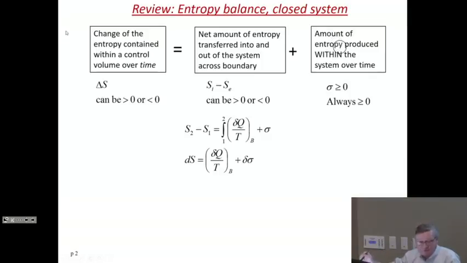Now, if this were a reversible process, that would be zero. And then, of course, the change in entropy would be just the change in the entropy values at each of the states. But this is not the case. So we can say then that the entropy change, which is this equation of state, so it's a difference between two values, is the integral between 1 and 2 of the real change in heat over temperature across the boundaries.